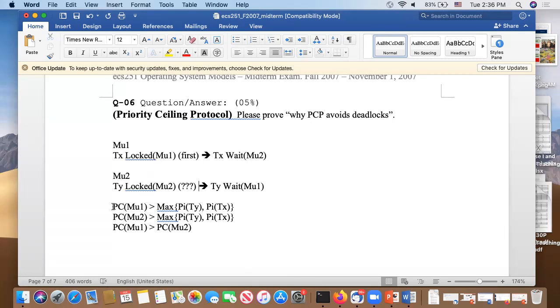Therefore, you will fail this test. In other words, we can never reach the circular dependency, because one of these two must be locked first. When one of them gets locked, the other one simply cannot lock because of this condition.